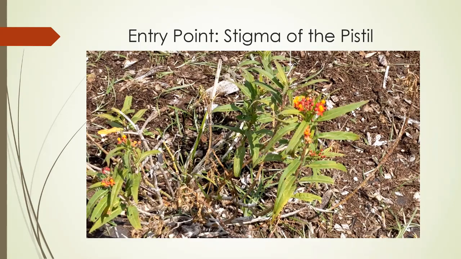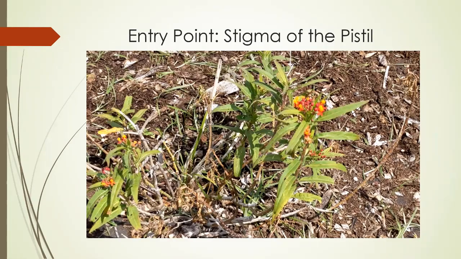So a lot of times when a plant is infected with a disease, it gets in there through a wound, from pruning, or from something breaking in a storm, or an insect vector comes and makes a wound in the plant with their chewing mouth parts or sucking mouth parts.